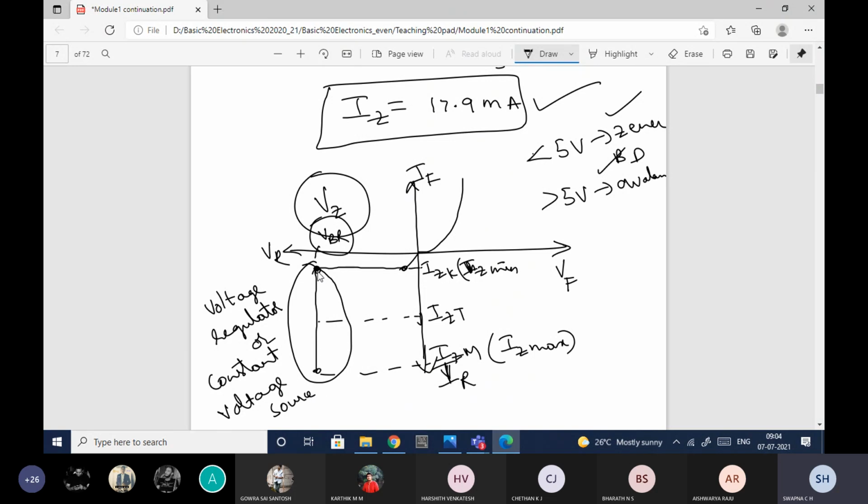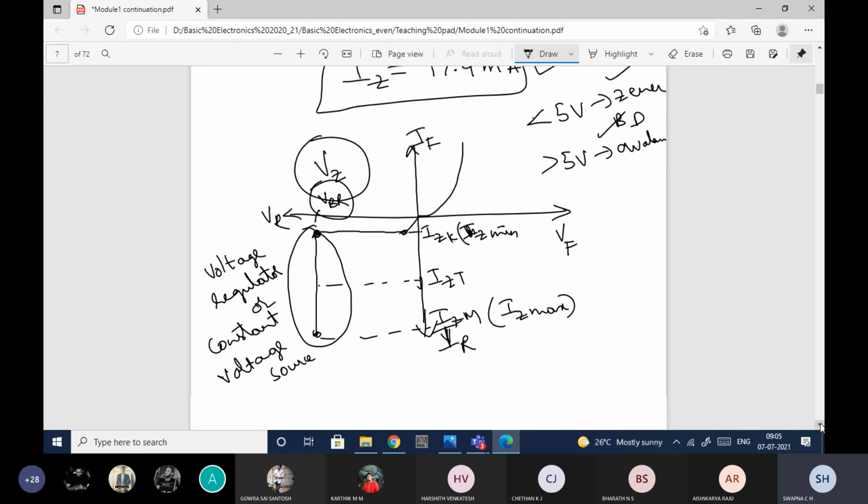Only in the breakdown region, not anywhere else, you can use it as a voltage regulator.